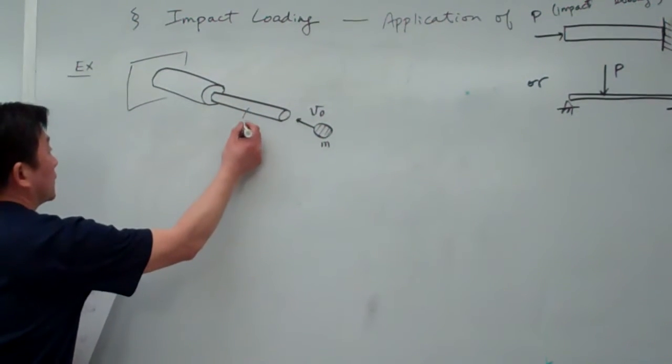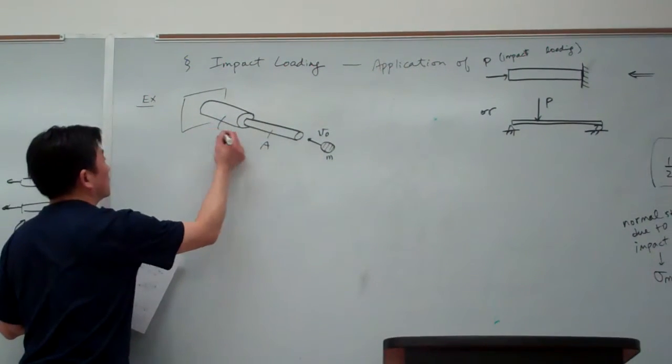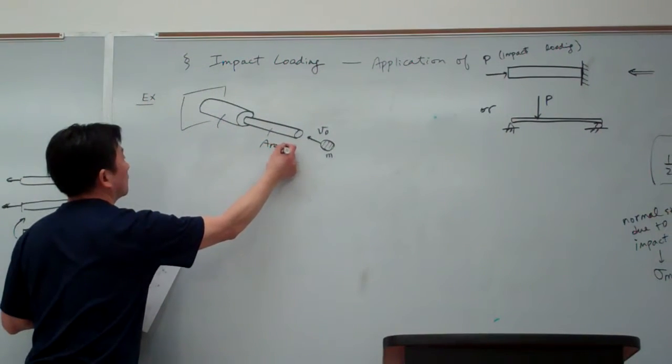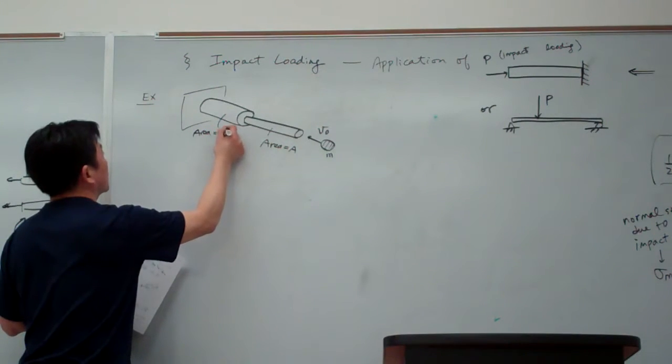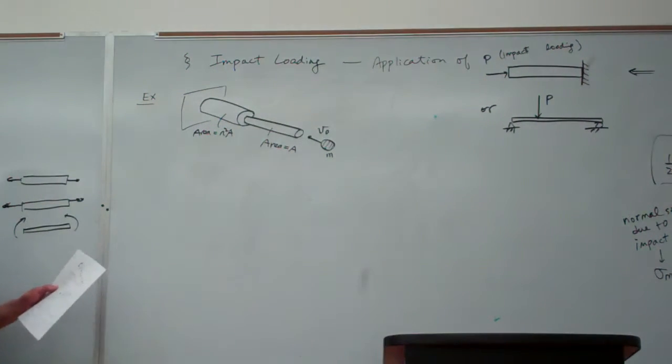So this area is equal to A, and this area is n squared A. Okay, we take one.